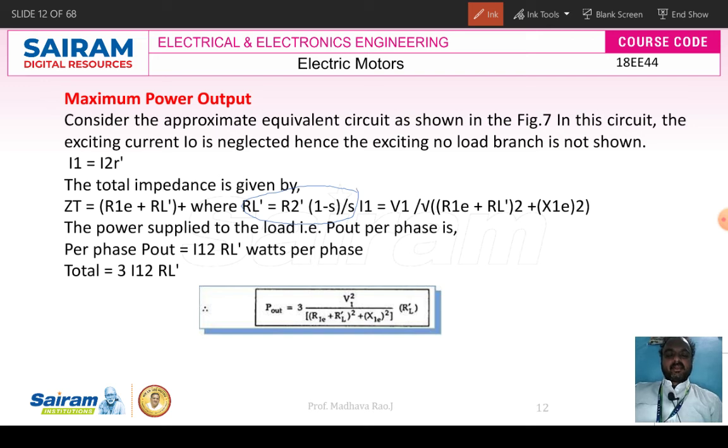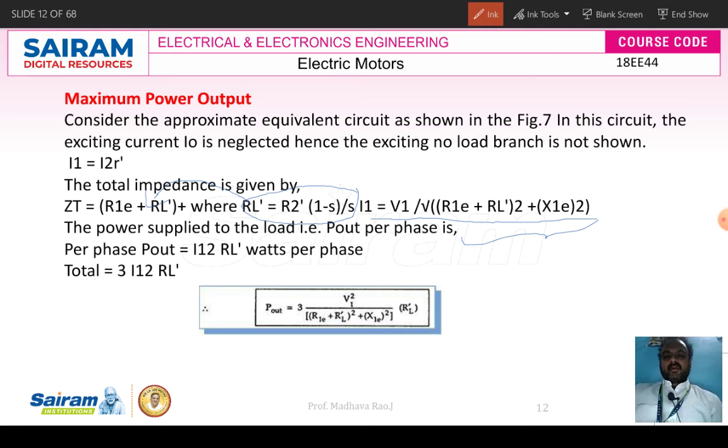By substituting this in place of RL, I1 is equal to V1 by the root of (R1e plus RL') whole square plus X1e whole square. So this is the impedance.